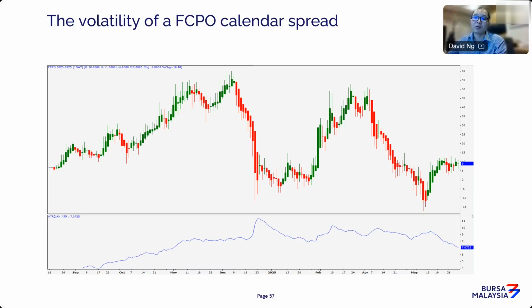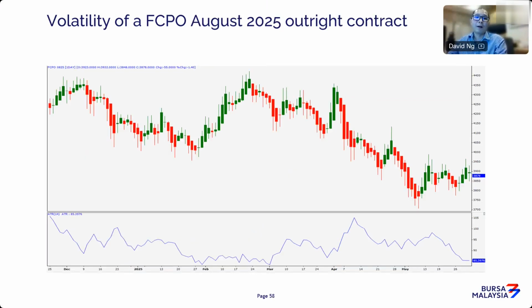ATR can rise quite rapidly, which indicates that the volatility of the market is increasing. You can see here the FCPO outright contracts. Normally the range is easily from 80 to about 100 or 150, so that range is quite wide. Compared to that, spread trading is a much less volatile product for a calendar spread.